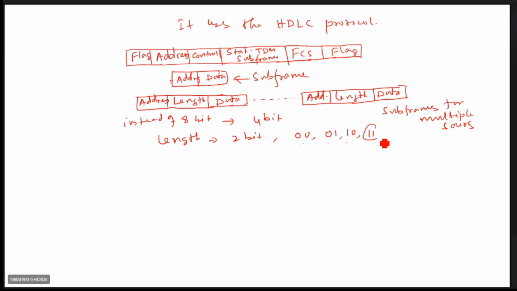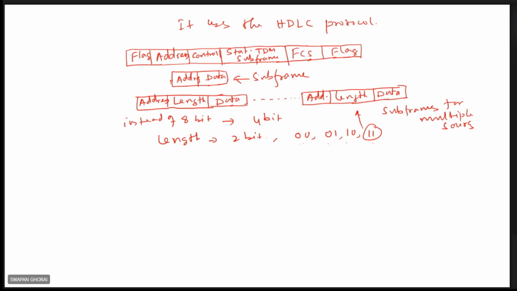And whenever it is 1 1, that indicates that the length field is included. So in this way, the overhead can be reduced.